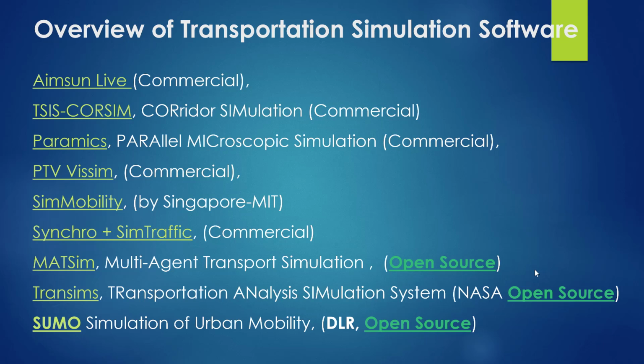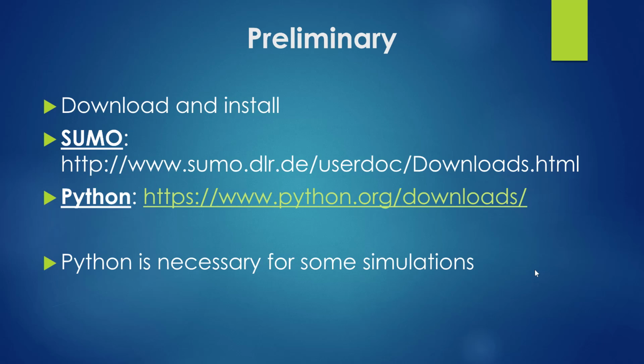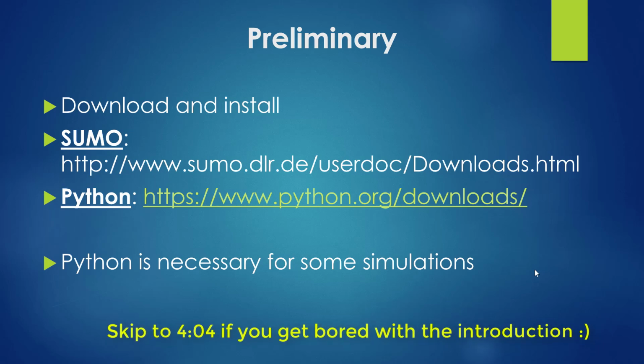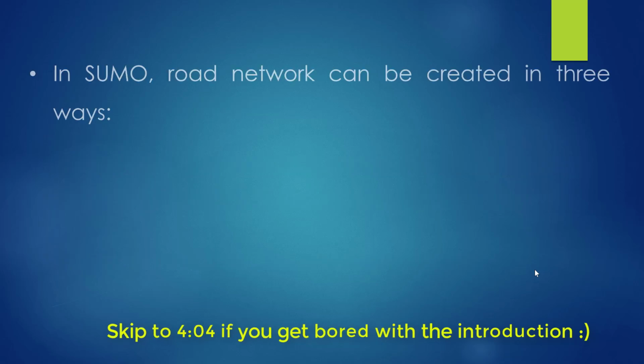Maybe in the future that will change, but up to now Sumo is more advanced when it comes to open source transportation simulation software. Before starting, you should download and install Sumo and also Python. Python is necessary for some simulations.